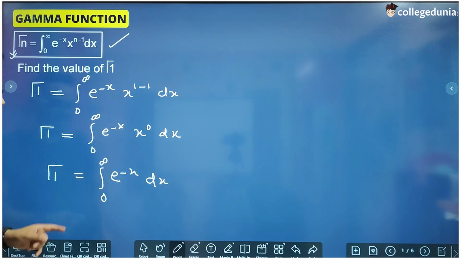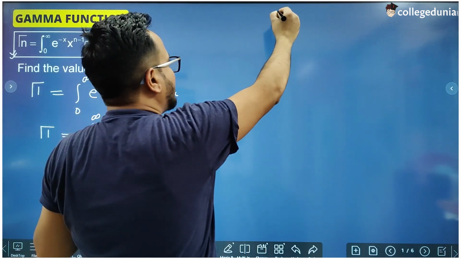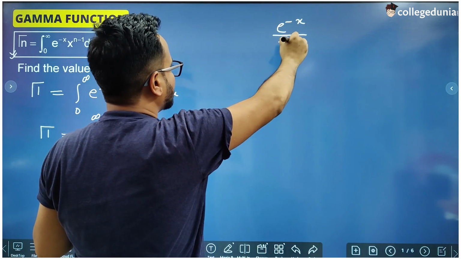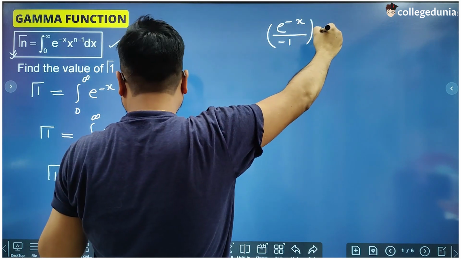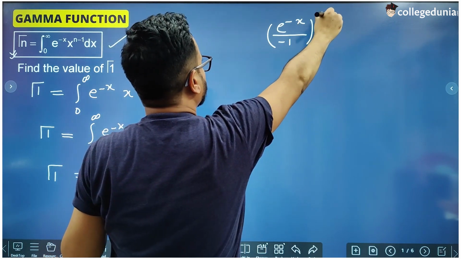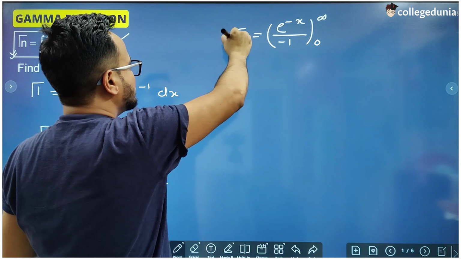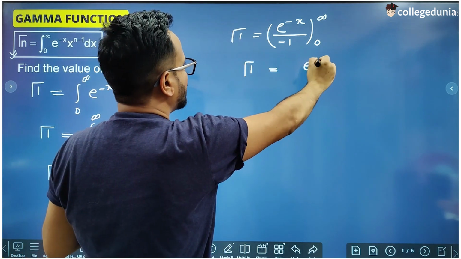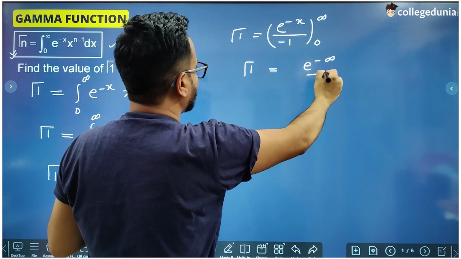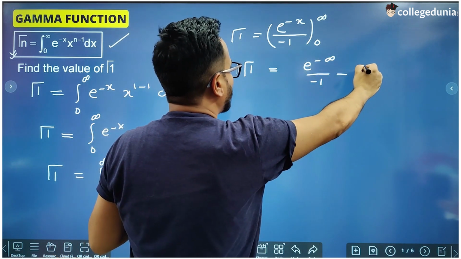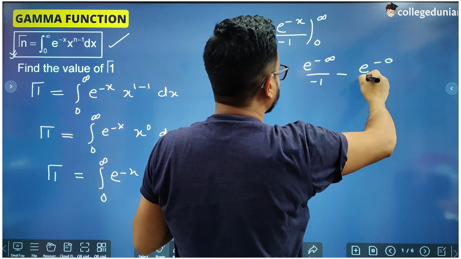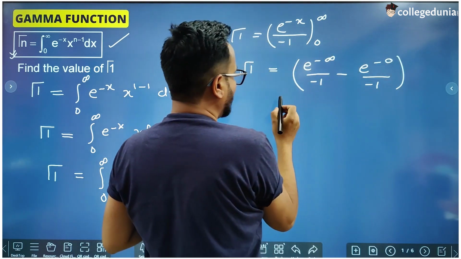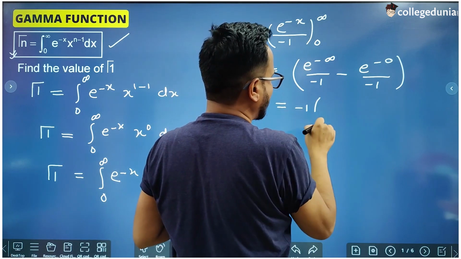right? So if we solve this, the integral of e to the power minus x is e to the power minus x divided by minus 1, and let's put the limit from 0 to infinity. We will get the value of gamma 1, which is e to the power minus infinity by minus 1 minus e to the power minus 0 by minus 1, right? So let's take minus 1 as common.